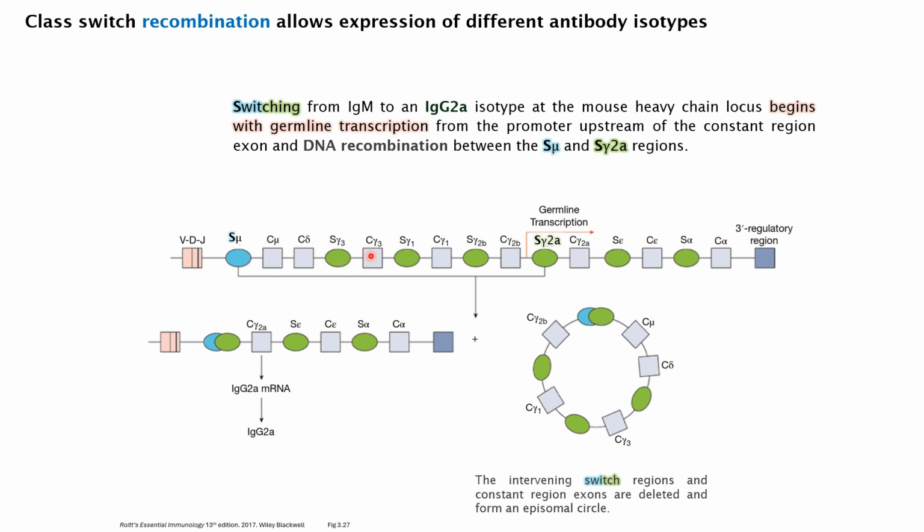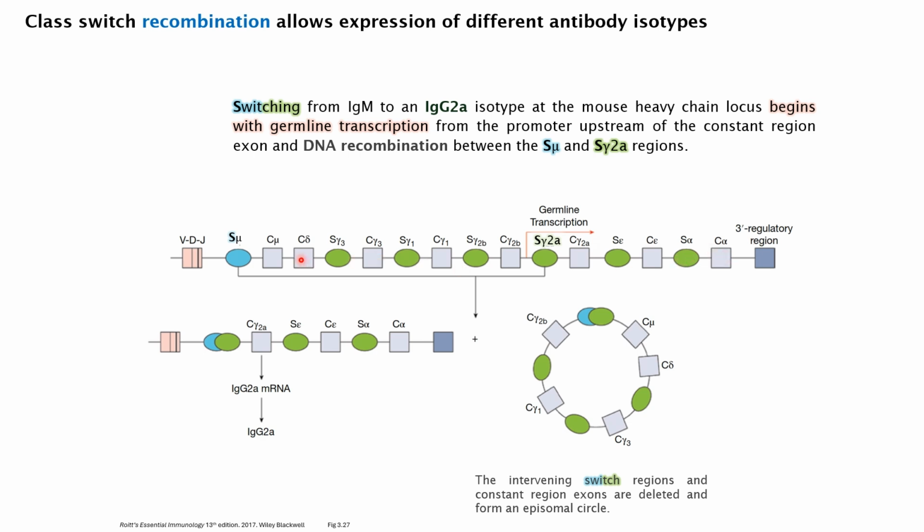Downstream we have gamma, so that's going to be IgG3. Here we are going to make IgG1, gamma 1. Of course, there are things I'm not mentioning yet. I'm just looking at these grey boxes. Here we have IgG2A. Here epsilon, that would be IgE. Alpha, that would be IgA.